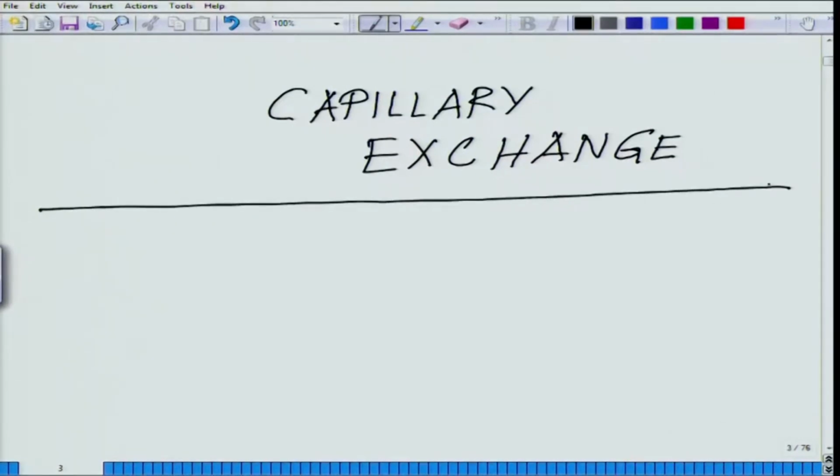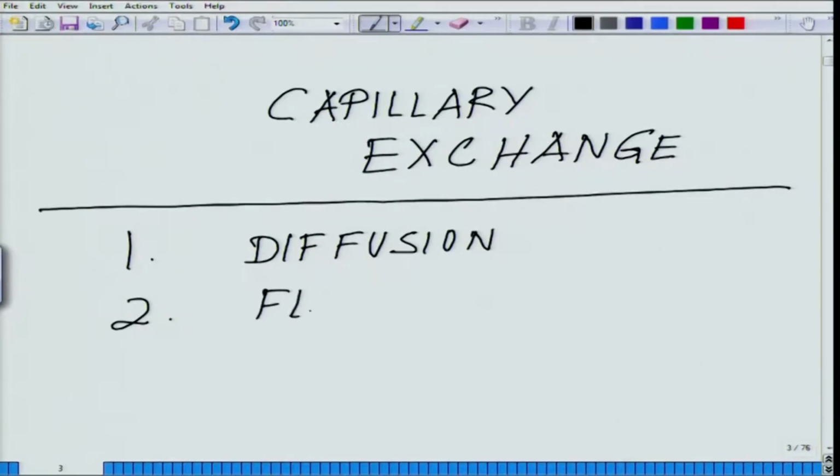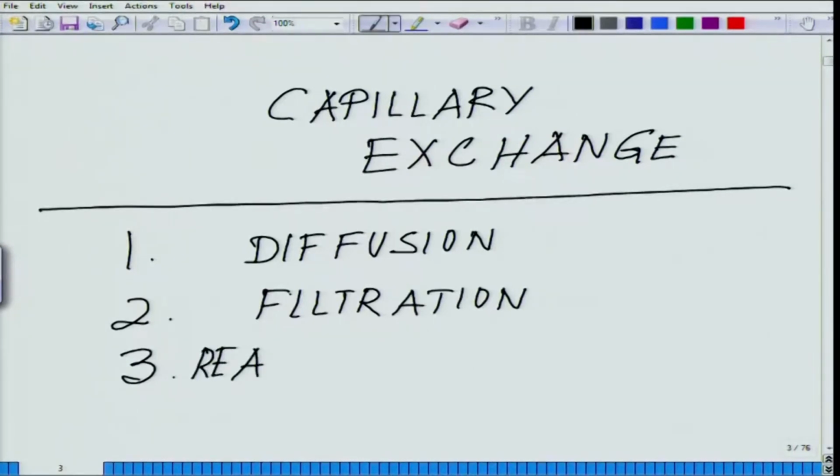The forces we will be talking about in this capillary exchange will be your diffusion, your filtration, and the second force, reabsorption.